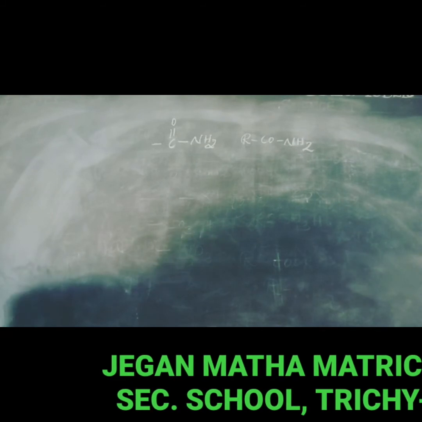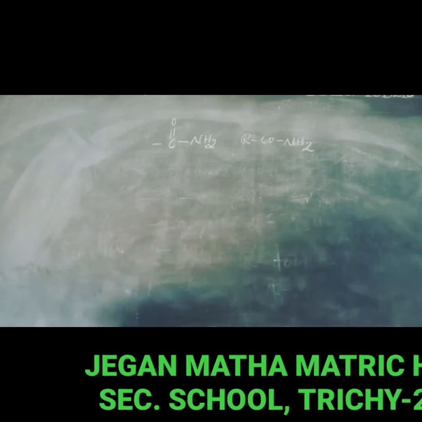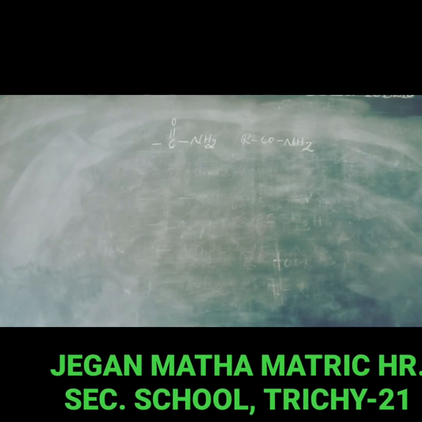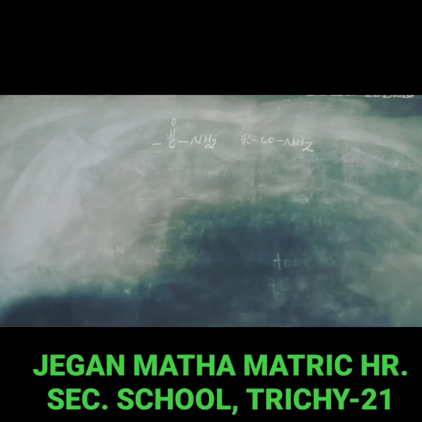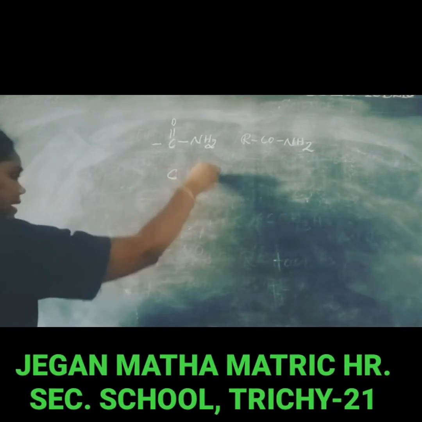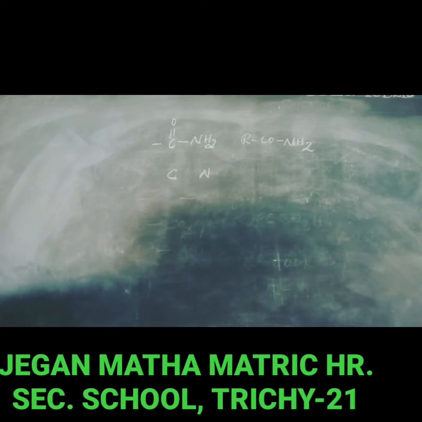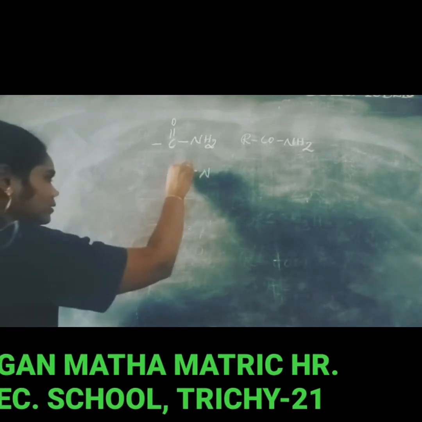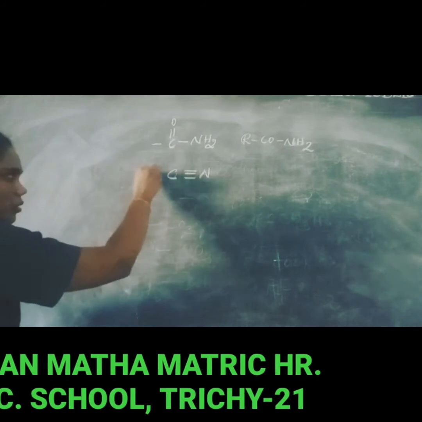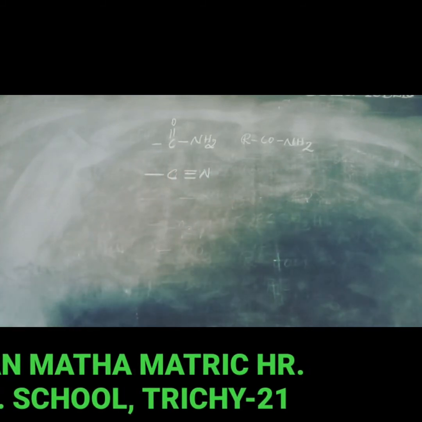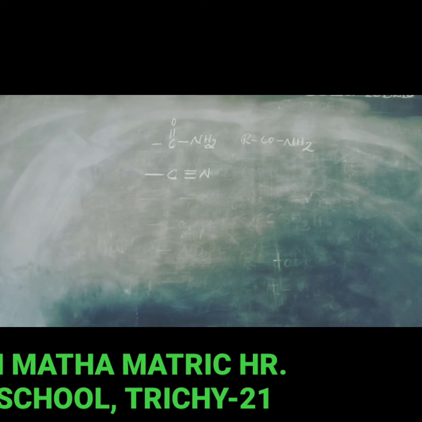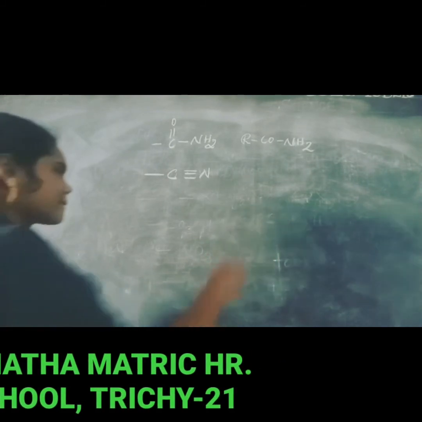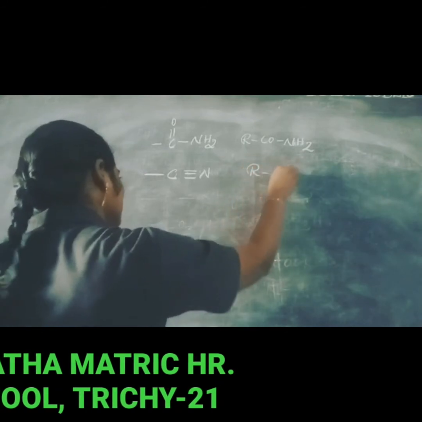And next one, cyanide, which means nitrile. How to write the functional group? Carbon and N. Nitrogen valency is 3, so here a triple bond. Carbon valency is 4, so here a bond. So this is cyanide or nitrile. The formula for this one is R-CN.